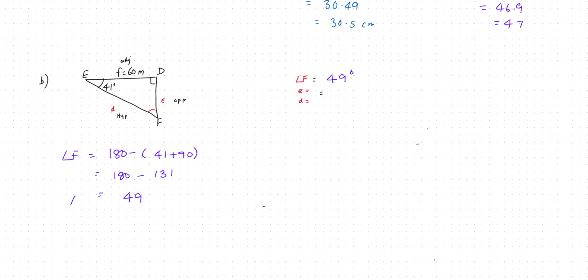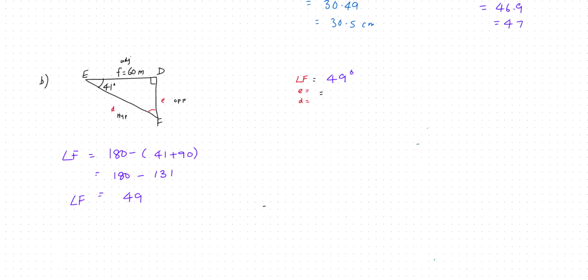Next we have to find side E. So for 41, this is called the opposite side and this is the adjacent side. So adjacent is given, opposite we have to find. So for adjacent and opposite, what ratio will we use? Adjacent and opposite is tan. So we use tan.